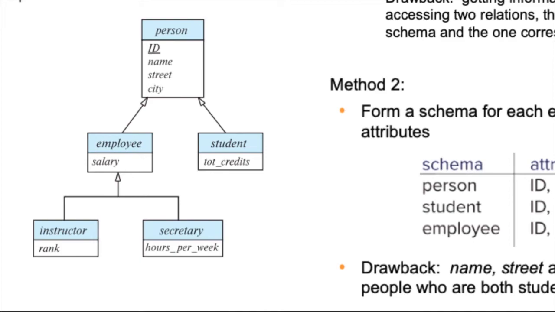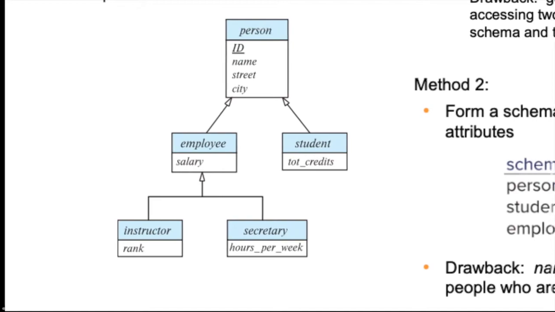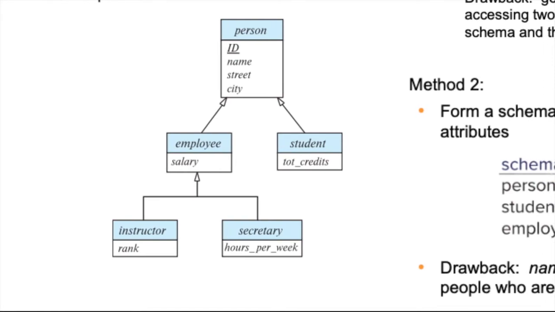And for the set of all employees, you can actually have instructors, and then another set that is secretary. For instructors, we have attributes like rank, but we don't have a rank for secretary, so it's important to note the hours per week.